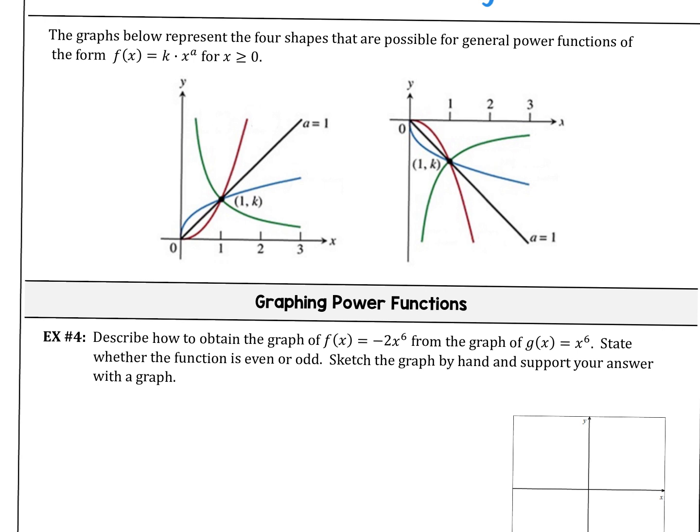So which one is odd, which one is even, and which one is undefined? Undefined should be the easiest one because the undefined one is the one that will not touch the x or y axis. So this one is the undefined one.